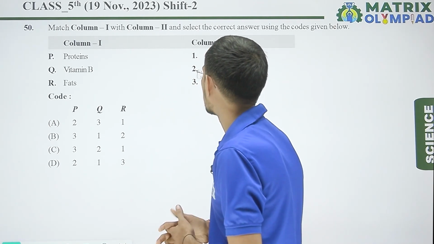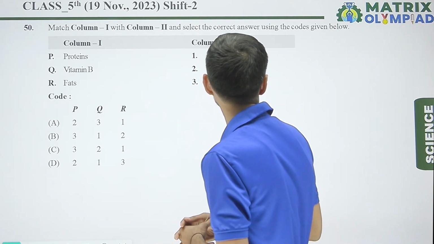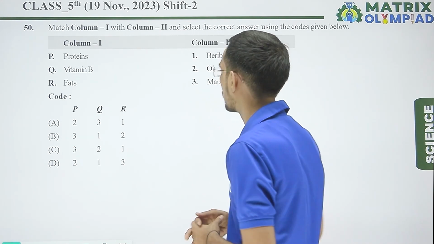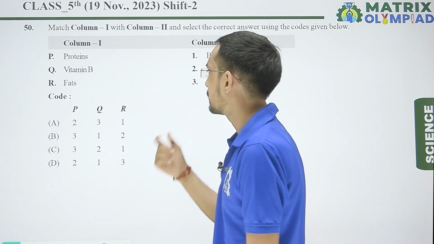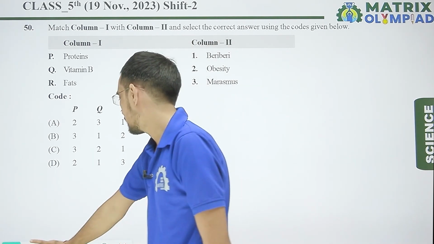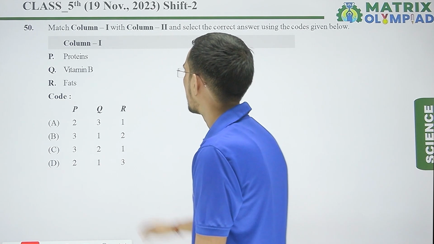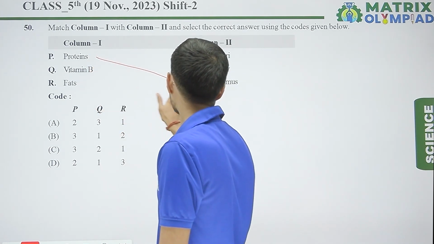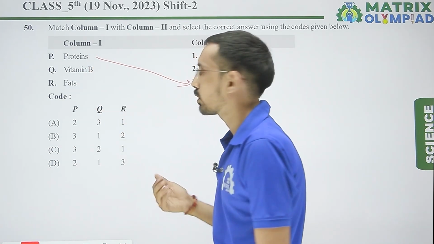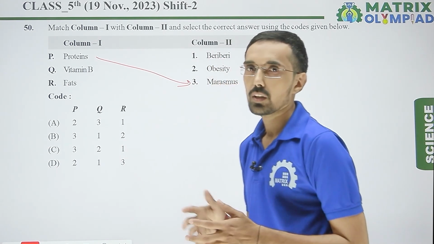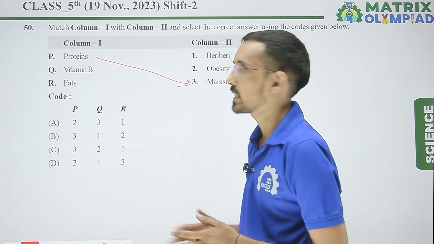Match the first and second columns and select the correct answer using the codes given below. First is proteins, vitamin B and fats. Next is given beriberi, obesity and marasmus. Basically, protein deficiency in our body causes the disease known as marasmus.